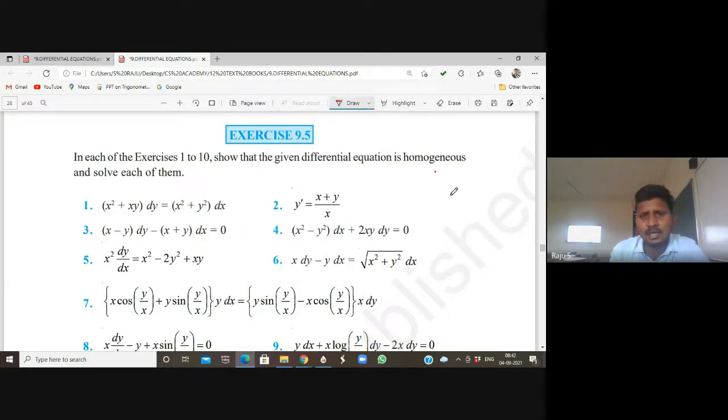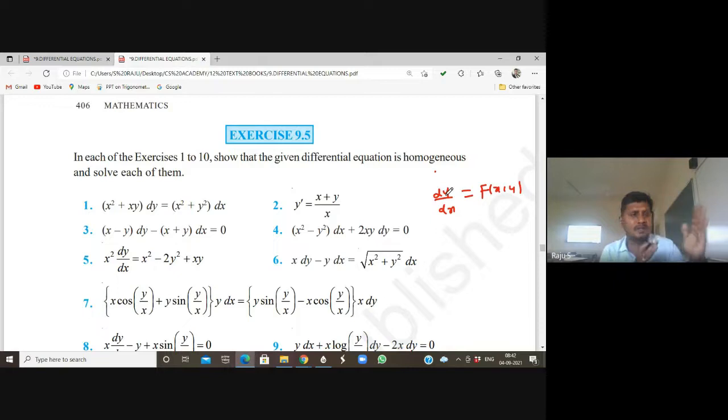In every question on homogeneous equations, we should first write it in standard form. What is the standard form? Dy by dx is equal to f of x comma y. I told you very clearly, this is called the standard form. Simply keep dy by dx on one side and take the remaining terms to the other side. Got it, students? All of you, write it in the form of dy by dx.